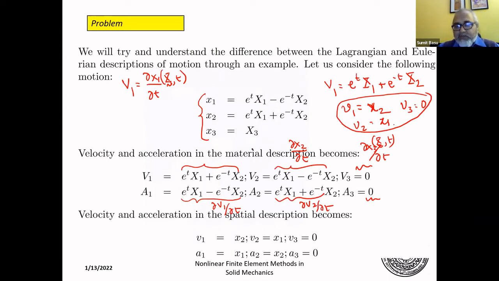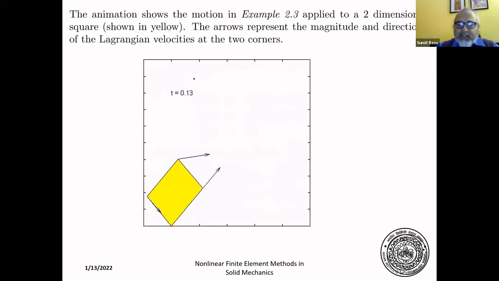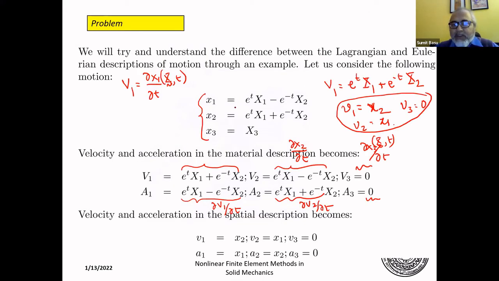If you put x1 and x2 both equal to 0, v1 will be 0, v2 will also be 0, v3 is anyway 0 for all x's. So the corner at 0, 0 does not move at all, has no velocity, no acceleration. And the other corners have velocities which are indicated by these arrows. So these are the instantaneous velocities at these times of these corners. And this is how the deformation is happening. So this is the motion that we have described through these set of equations.